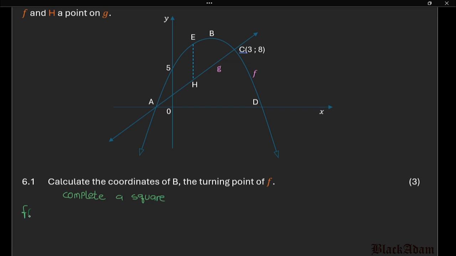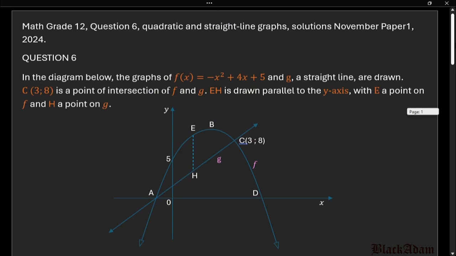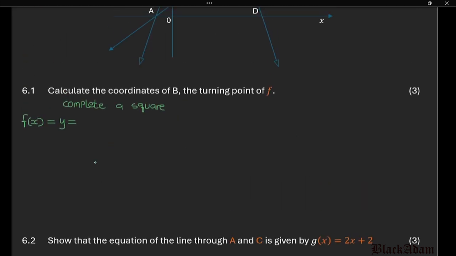So f of x is going to be y, which is that equation: minus x squared plus 4x plus 5, and all of that we factor -1.